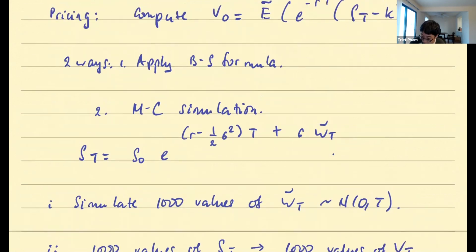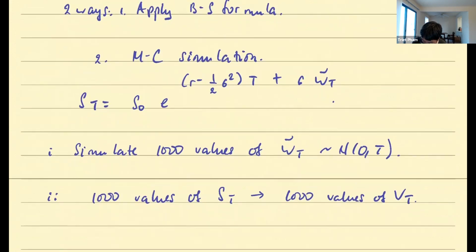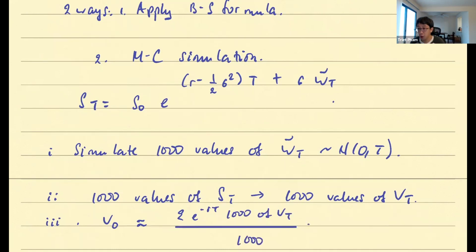Then this expectation basically tells you to go ahead and discount it and average over 1,000. So the answer is V0 is approximately the sum of e to the minus RT times the 1,000 values of this VT, divided by 1,000, which is the number of simulations that you have done for the stock price.